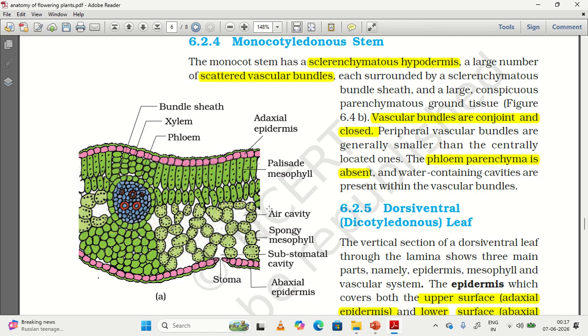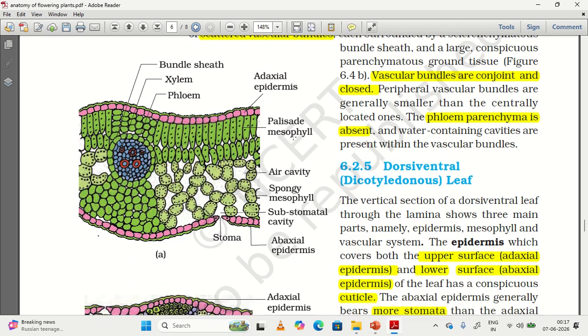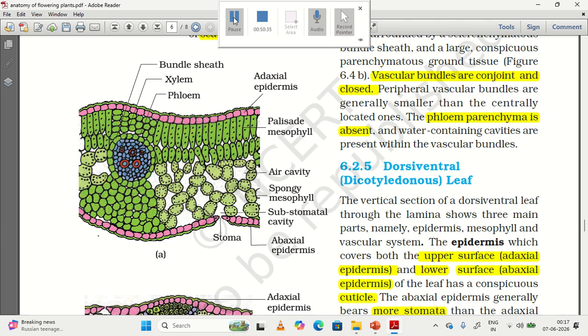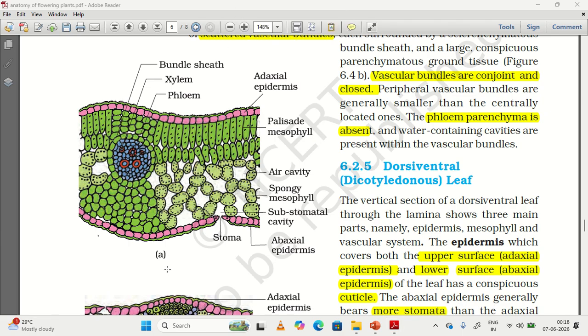And you have the spongy parenchyma cells with intercellular spaces. I told you the lower surface will have stomata, an opening which we call a stoma. It leads into the substomatal cavity.